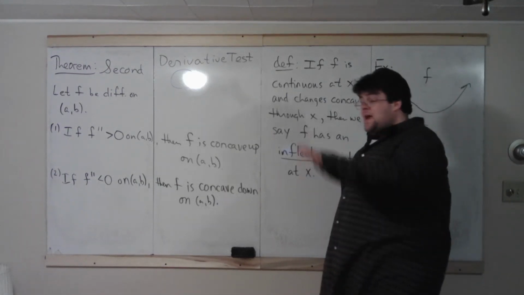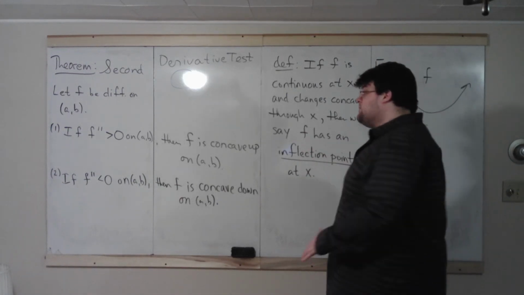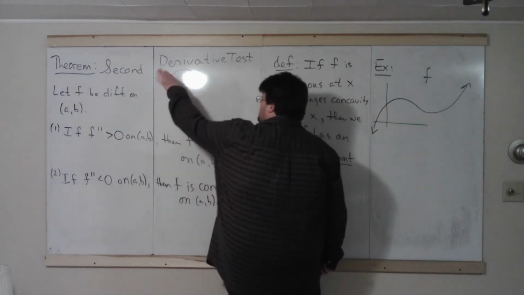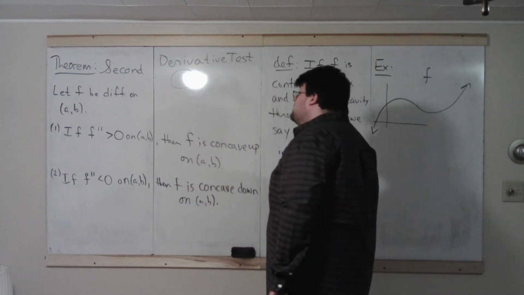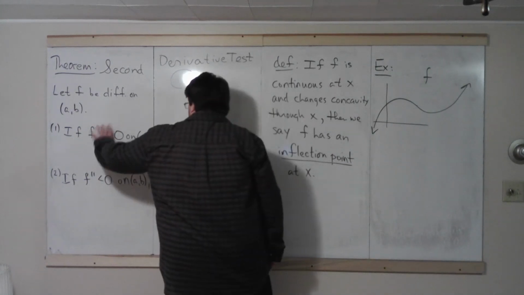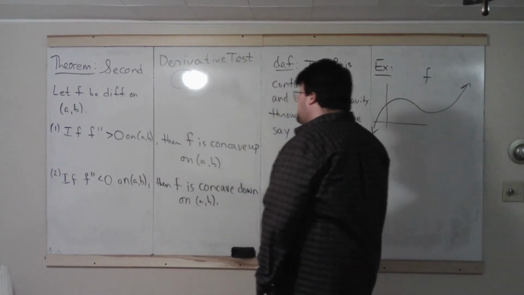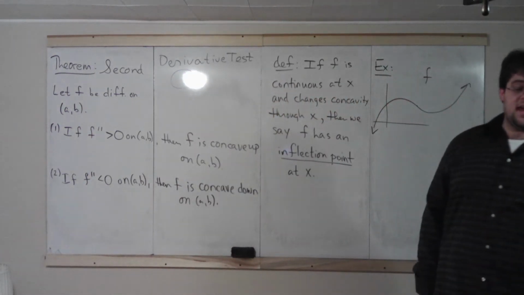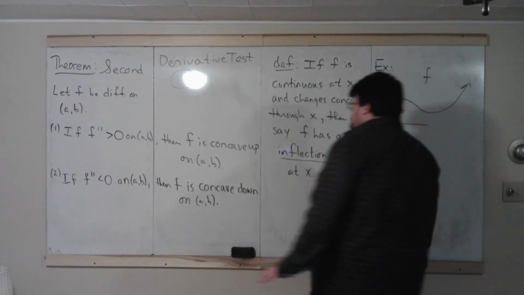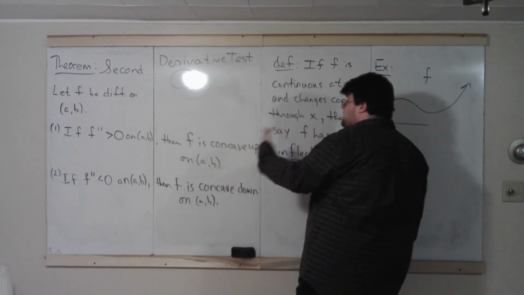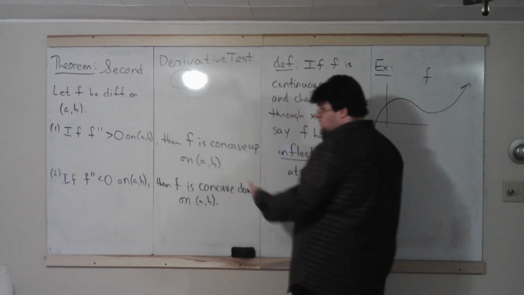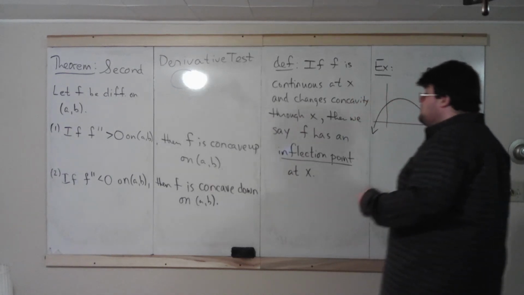So bypassing that first derivative observation, we can conclude, and that's why we call this the second derivative test, we can conclude if the second derivative is positive, then the original function is concave up. And again, we are bypassing all first derivative observations in this statement.